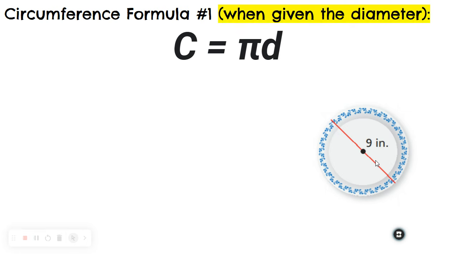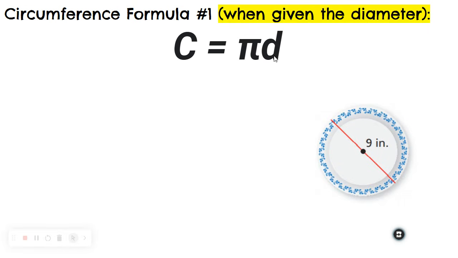Try this next one entirely on your own. Find the circumference of this dish. Okay, if you haven't solved it yet, please pause and then press play once you have an answer. You want to actually be trying these. That way you're ready for your worksheet.